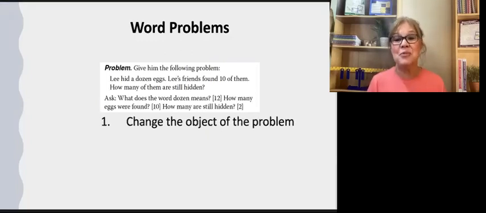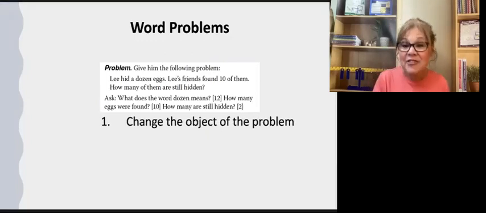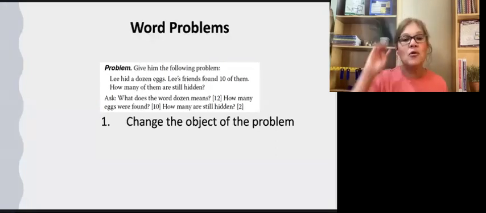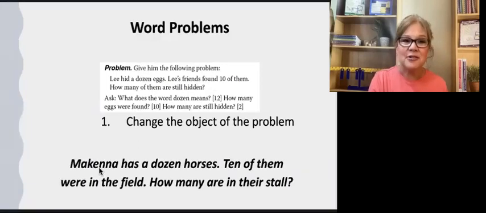So many times when there was a word problem, I would modify the word problem to include horses. So this particular word problem says, Lee hid a dozen eggs. Lee's friends found 10 of them. How many of them are still hidden? How I would change this is, McKenna, my daughter's name, has a dozen horses. 10 of them were in the field. How many of them were in the stall?